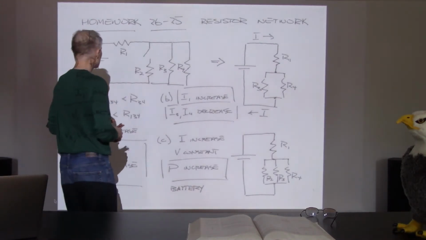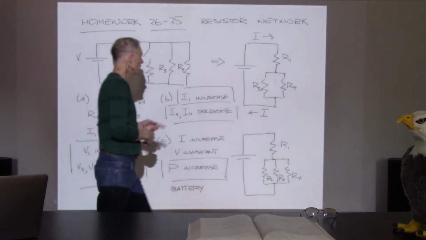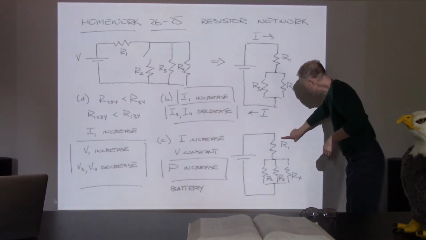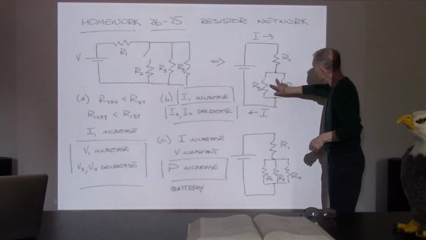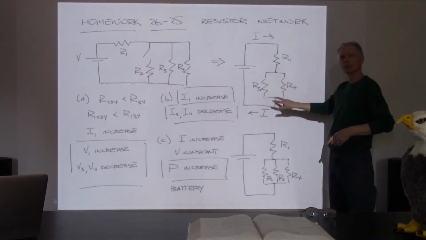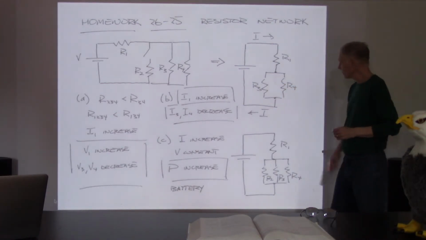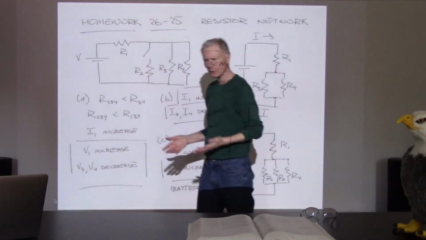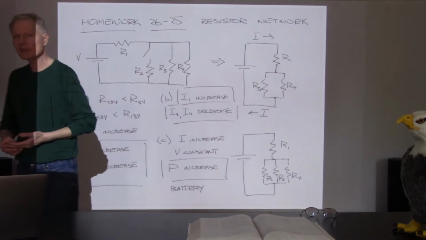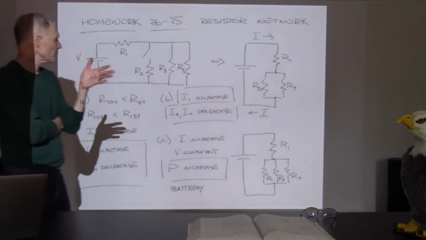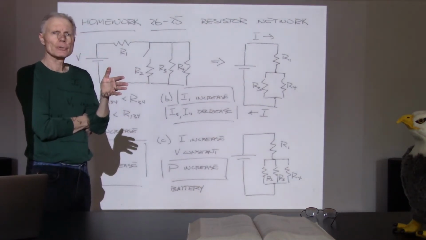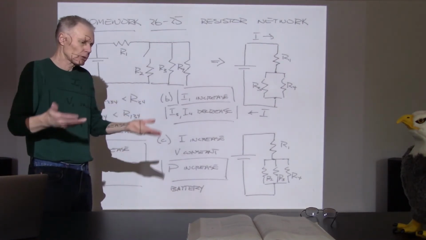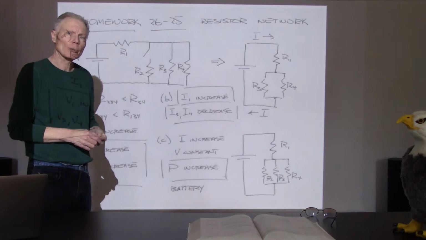So let's think about this. If I go from this picture to this picture, where there used to be 2 resistors in parallel, there are now 3 resistors in parallel. Now, if we think back to what we learned in chapter 26, if I add another path where the current can travel, that lowers the overall resistance.